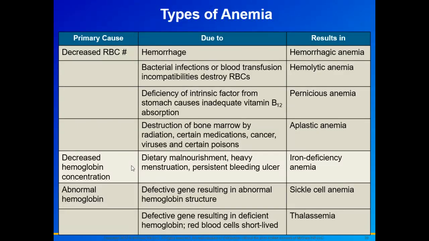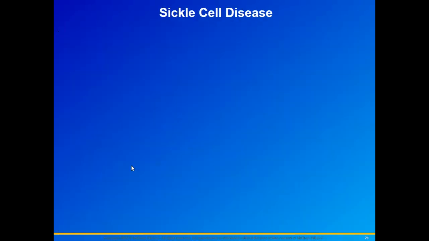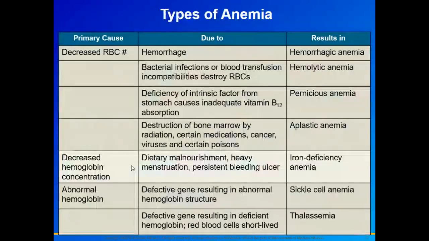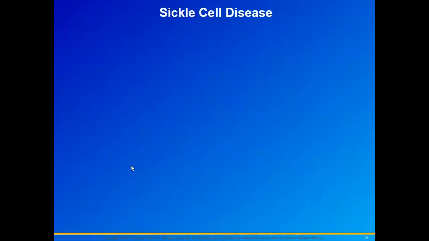Also, certain medications. If somebody has cancer and they have to go through chemotherapy or radiation for another purpose, that can also lead to anemia. And I have the different types over on the side too. The most common one that I hear about is iron deficiency anemia. I have that, and I know several of my students have it too.